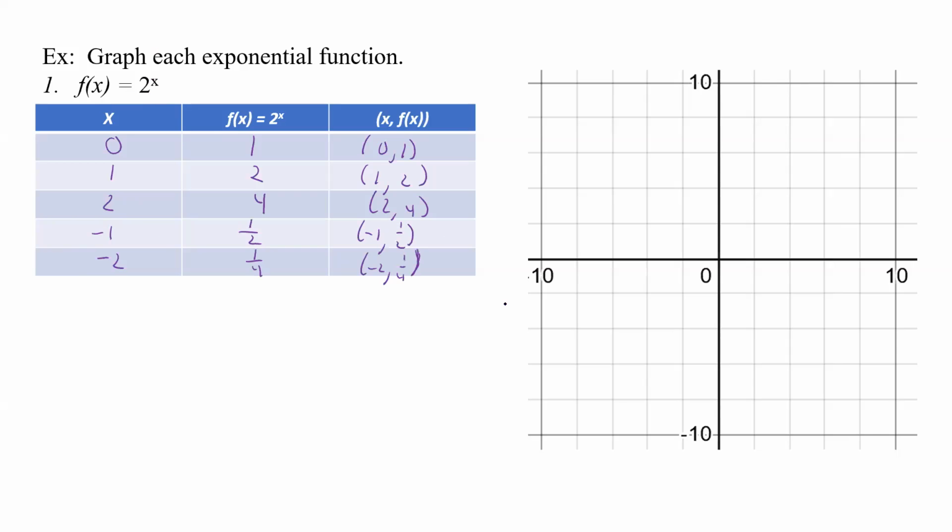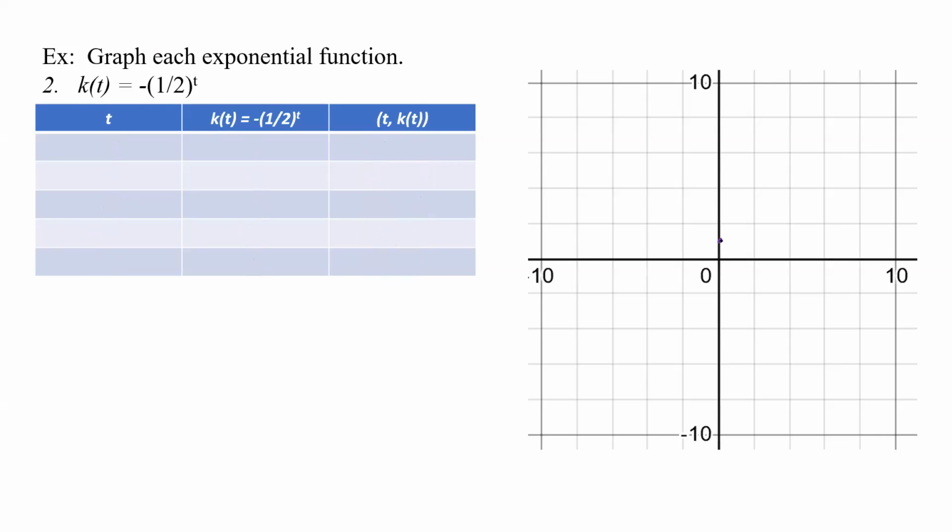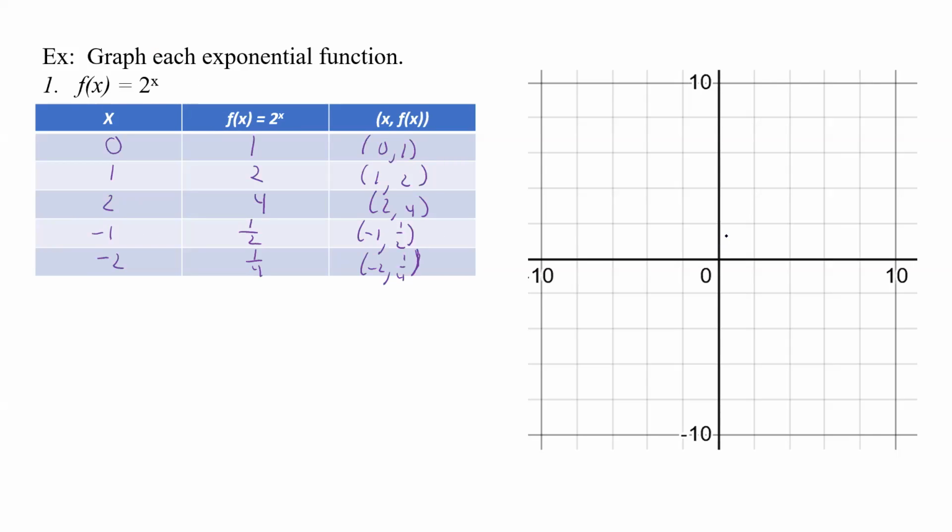Okay. Now we just have to plot those points. So 0, 1 will be about right there. Then we have 1, 2, so we'll go over 1, up 2.